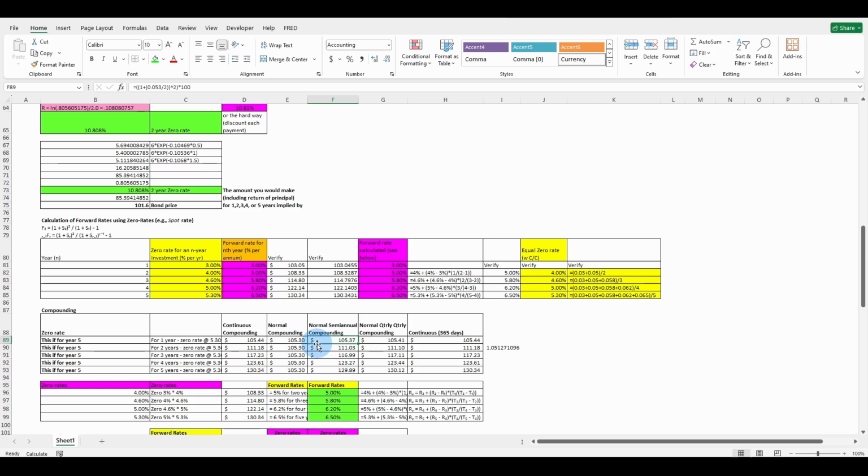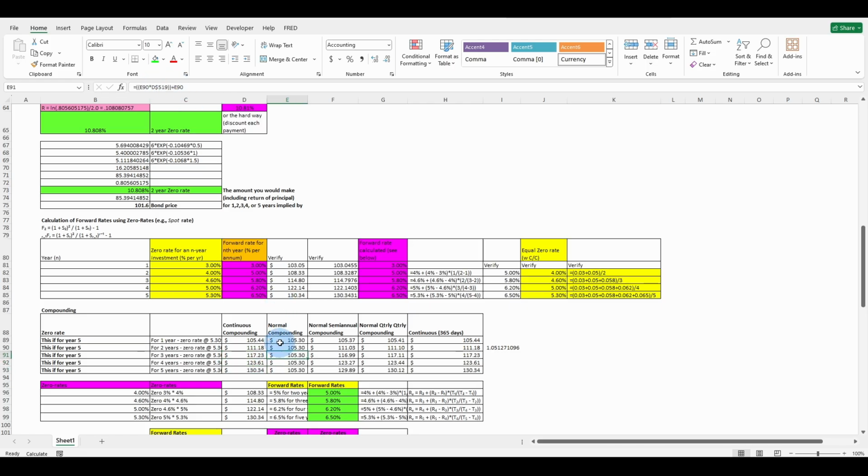Normal, semi-annual, quarterly compounding, and then continuous. Got that? I just repeated it. For 2 year, zero at 5.3. Notice we took D89, taking this above, times EXP 5.3 times 1. Then we're going to take D90 times EXP 5.3 times 1, and so on and so forth.